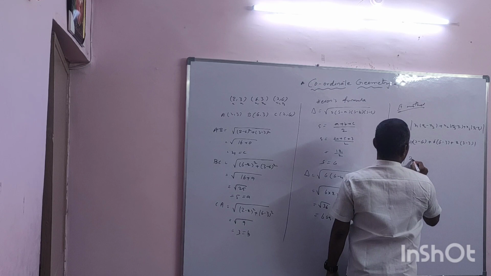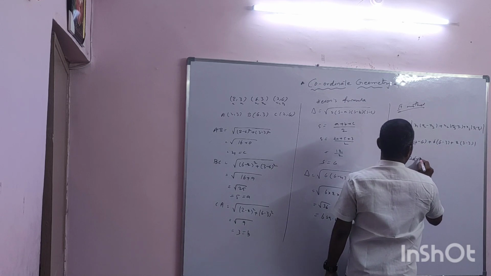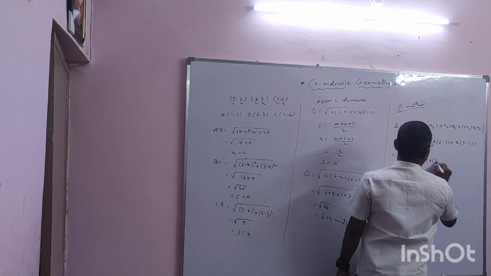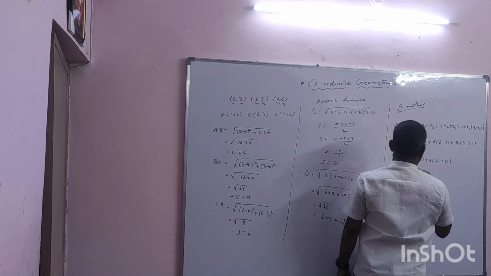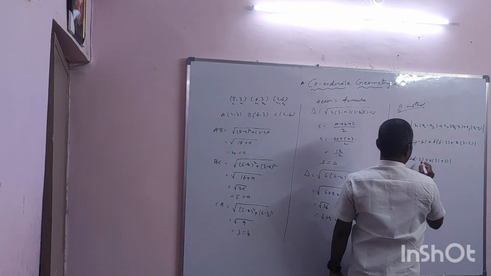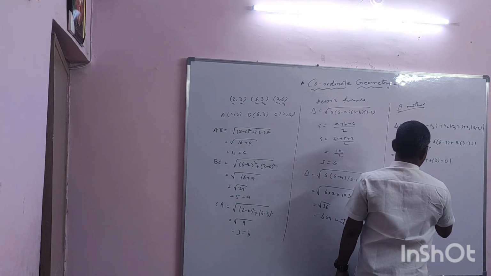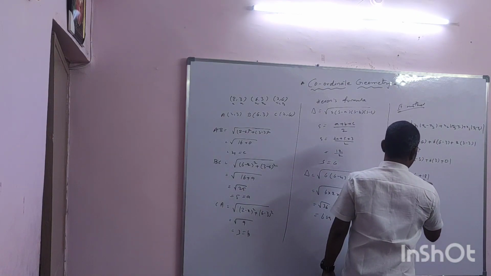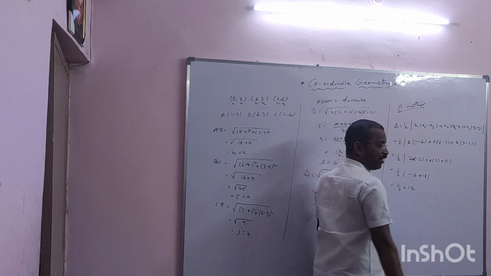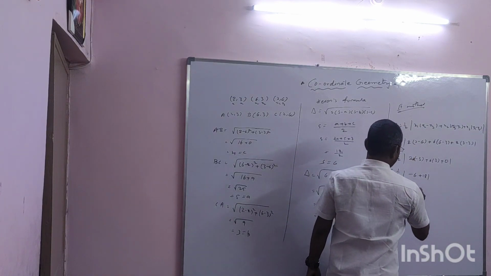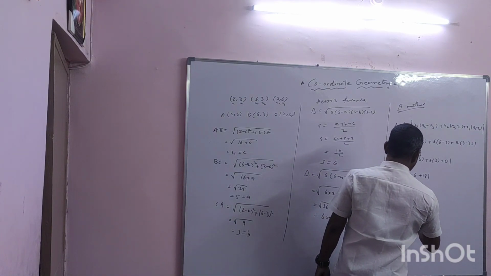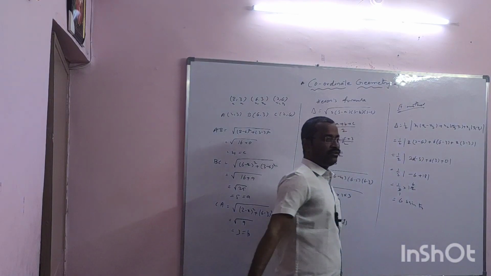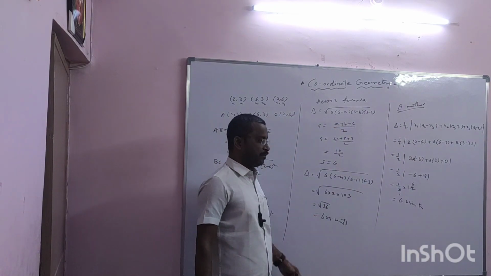Half 2 into, what do you get here? Minus 3, 6 of 3, already 0. Half 2 3s are minus 6, 6 3s are how much? 18. So half, what do you get? 18 minus 6, you will be getting 12. 2 6s are, how much do you get? 6 square units. Answer remains the same.